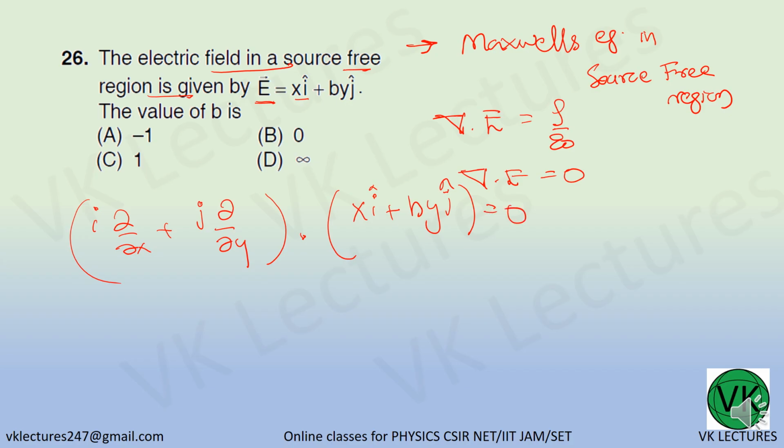I into dou by dou x dot x i cap, which is nothing but 1, plus j into j cap dot j cap is 1, dou by dou y of b y is nothing but b, equal to 0, which means b equal to minus 1. So option A.